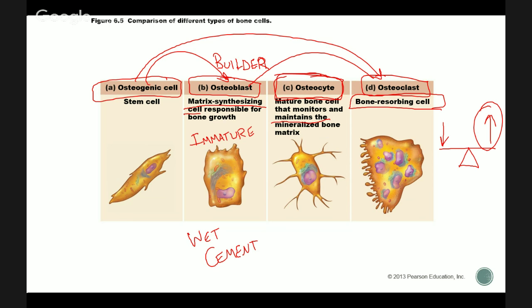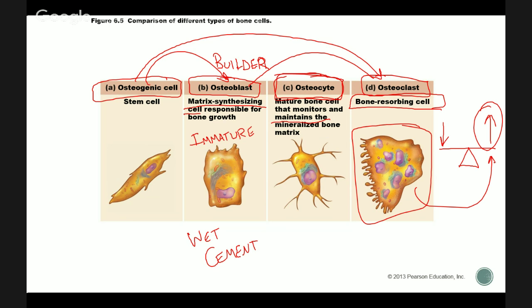We need to find it from somewhere. We need to go to where it's stored. So it goes to the bone, activates the osteoclast. The osteoclast starts reabsorbing the bone, breaking down the bone and then releasing calcium into the circulation to bring calcium levels back up. So the osteoclast is going to break down the bone. It's going to resorb it to allow for more calcium to be released.